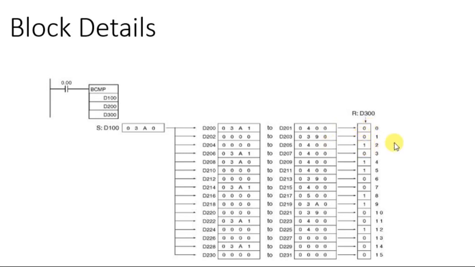For example, look at this, the third bit has 1. That means this 03A0 is in the range of 0000 to 0400, so it is returning 1. And here also it's the same, 03A0 and 0400, it is within the range, so it is returning 1.